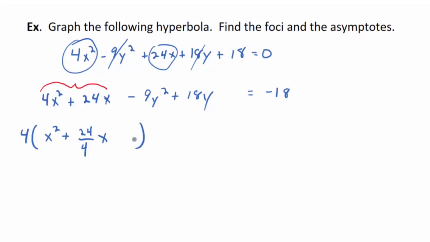Of course, what is 24 divided by 4? 6. So in this case, it'd be silly to write it that way. But if it were 25, writing it as 25 over 4 would be the best way to write it. So I'm going to rewrite it as 4 on the outside, times the quantity x squared plus 6x. Leave some space to complete the square.